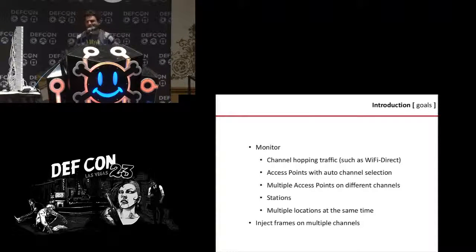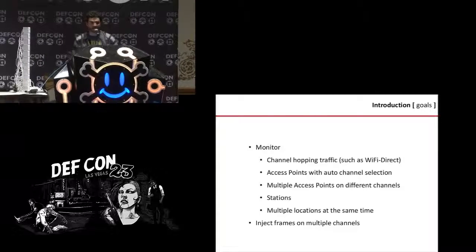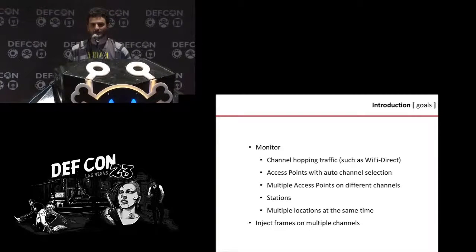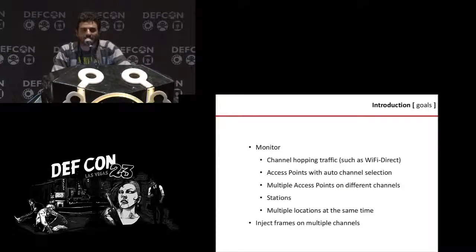Last year, we were doing some research about different protocols. We ran into a problem with Wi-Fi Direct. At that point, we realized that when two devices in Wi-Fi Direct try to establish a connection, they start sending frames on different channels, and of course, we never know on which ones.